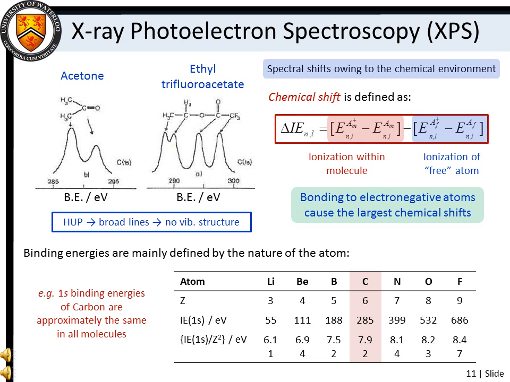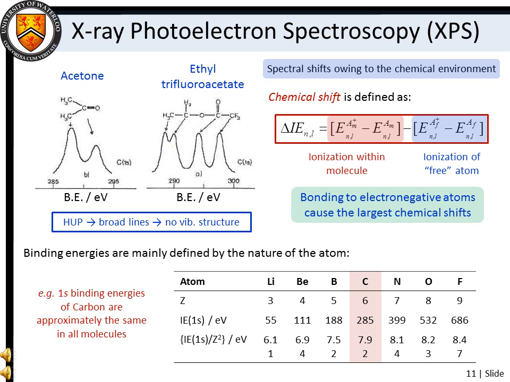Differences between binding energies for atoms and molecules compared to that of the free unbound atom arise due to the chemical environments of the bound atoms. For example, the 1s binding energy of free atomic carbon is about 285 electron volts, whereas the 1s binding energy of the carbonyl carbon in acetone is approximately 292 electron volts.